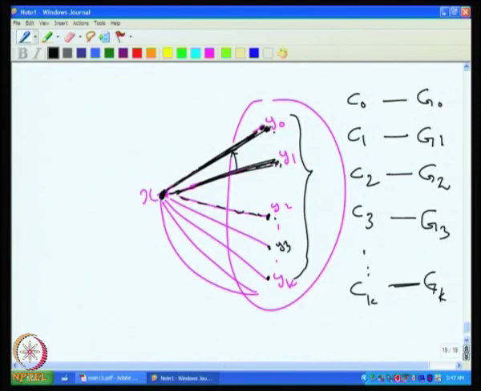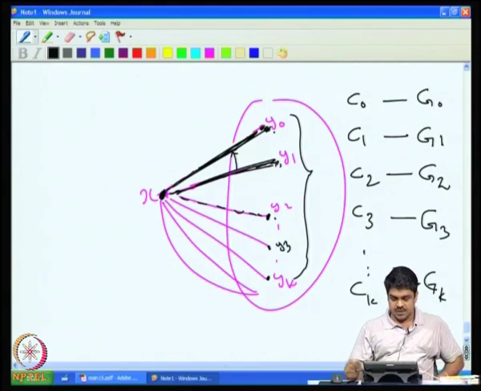For instance, the original graph was G0, with the edge xy0 removed. G1 is the graph obtained by starting from G and removing the edge xy1. So Gi is the graph obtained by removing the edge xyi. Similarly, the coloring C0 was the coloring which you obtained by induction when I removed the edge xy0.